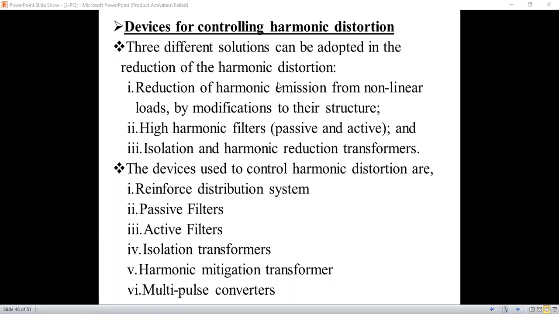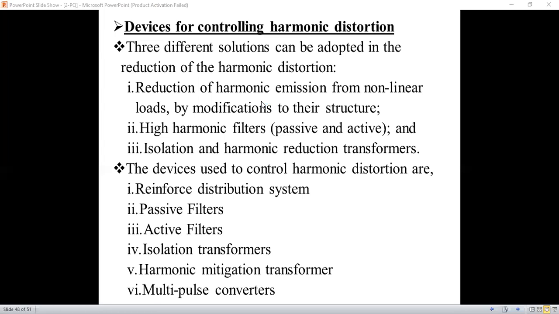That is the first one. Second, we can use harmonic filters, passive filters or active filters. And the third one is isolation and harmonic reduction transformers.